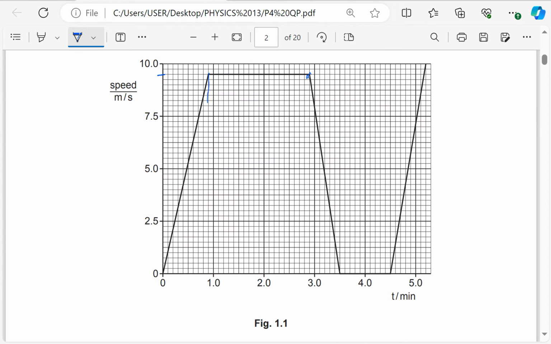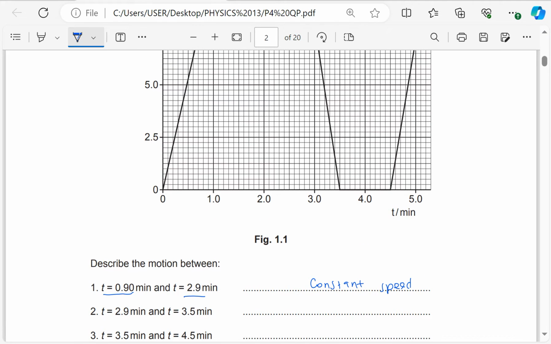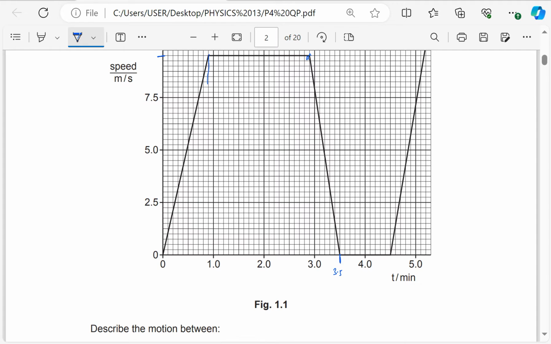Then from t equals 2.9 up to t equals 3.5, which is here, you see that the speed is decreasing, but it is a straight line. So this is going to be a constant deceleration. The speed is decreasing, but it's a straight line.